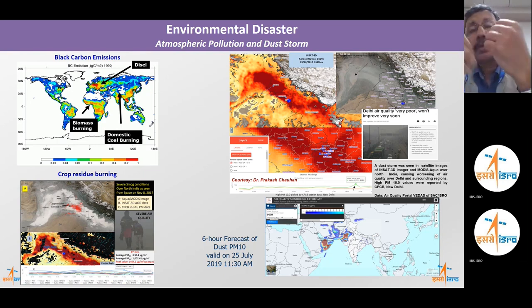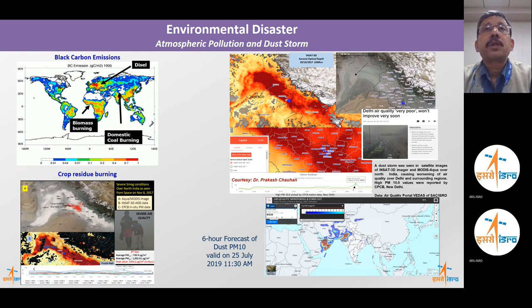It's partly due to the climatic conditions which are there as a result of the thermal inversion along with the changes in the wind direction and patterns, which is aggravated by the crop residue burning during this period in Punjab and Haryana, which aggravates the total suspended particulate matter and the black carbon over Delhi and the northern part of the country.